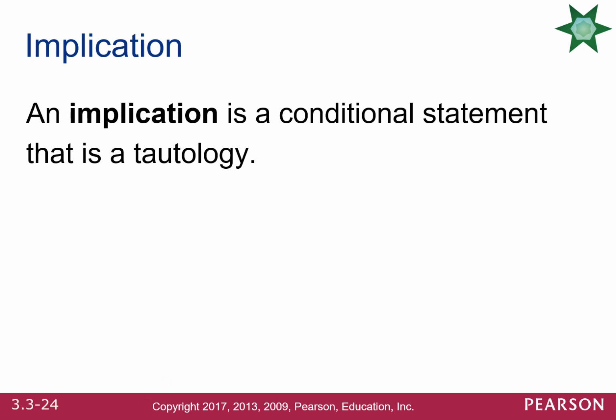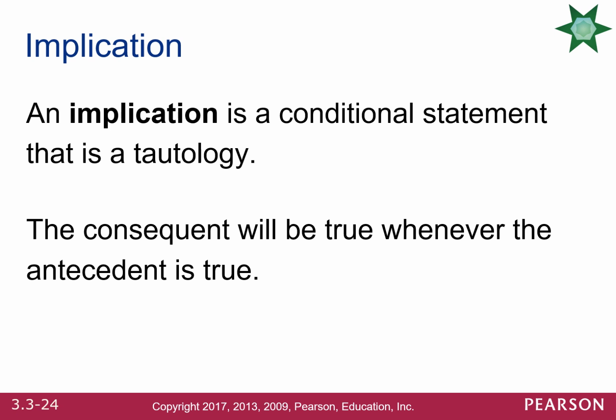But in a conditional statement, whenever the antecedent is true, the consequent will also be true. If that happens, then it is an implication. Recall that in a conditional statement, the if statement is the antecedent and the then statement is the consequent.